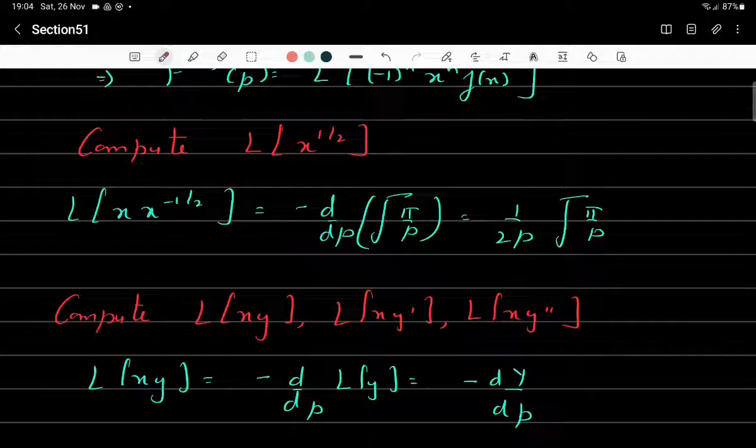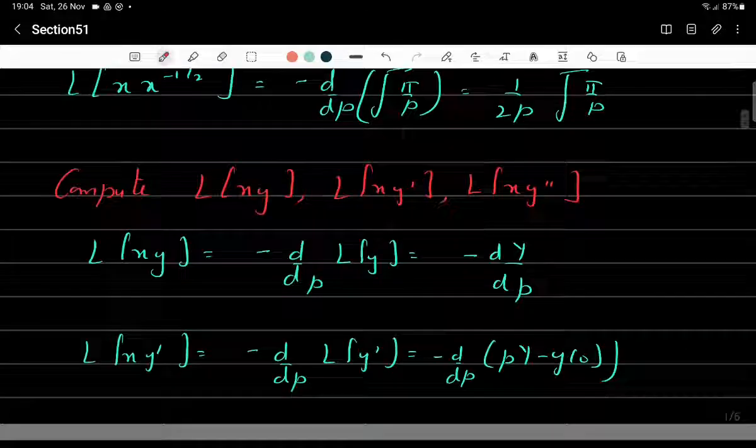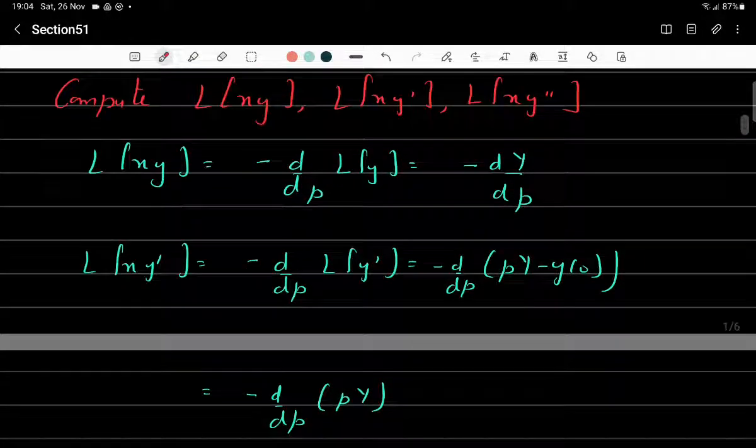Now Laplace of xy dash, I already know what is Laplace of y dash. So minus d by dp of Laplace of y dash, which is pY minus y naught. Y naught is a constant with respect to p. So it simply becomes minus d by dp of pY. We need to remember all of these formulas so that we can use them to solve the differential equation.